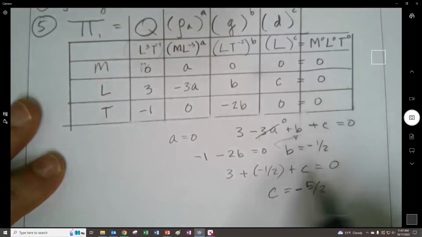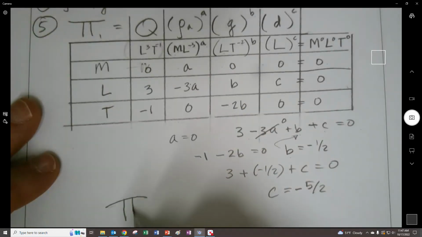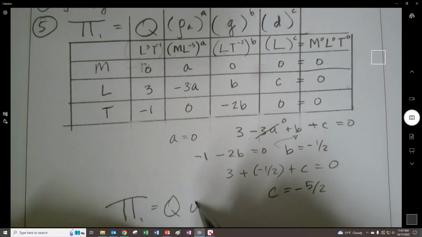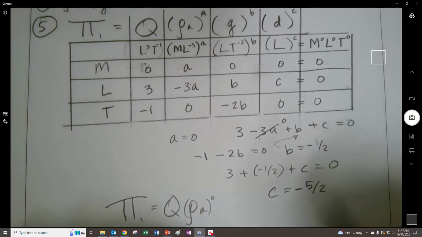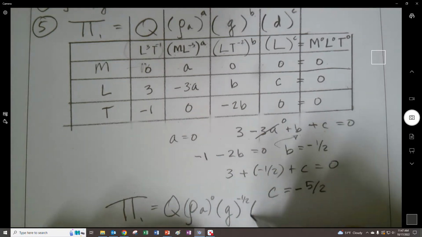Trying to understand what to do with that, we come back up to this pi term, and we say that the first pi is going to be q times density raised to the 0, and then g raised to the negative 1/2, and then d raised to the negative 5/2.